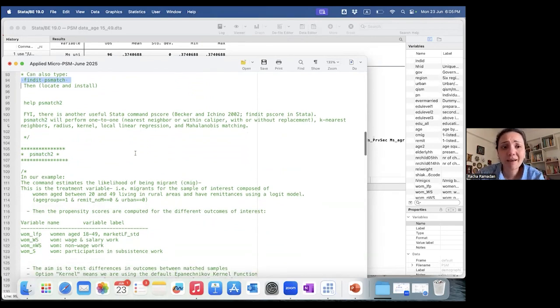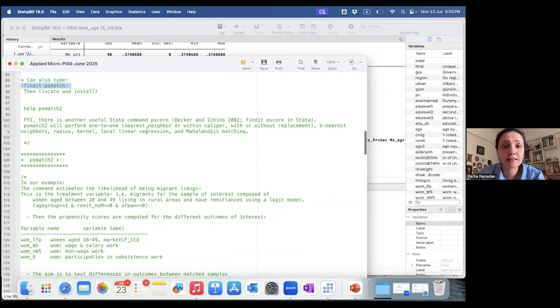There is another command that you can use also to implement the PSM method in STATA, which is pscore. You can also download it. The advantage of it over psmatch2 is that it provides more detailed results, and it can perform all the types of matching methods we discussed: the one-to-one, with caliper or without caliper, the average of the nearest N observations.